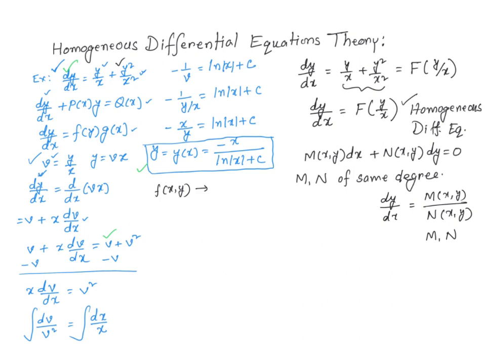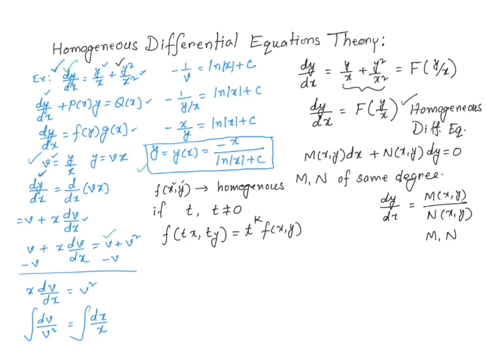This function is called homogeneous if, for some number t, where t is not equal to 0, I replace x and y by tx and ty, then the outcome is t to the power of some number k times f of x comma y. If you can do this for a function, it is called a homogeneous function.